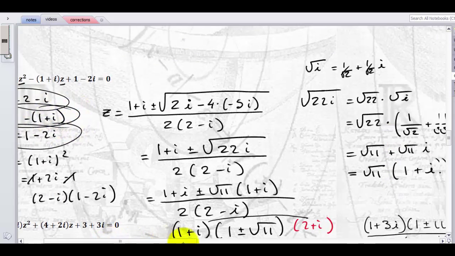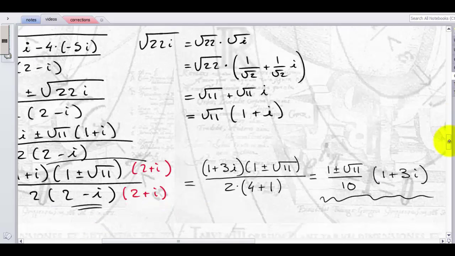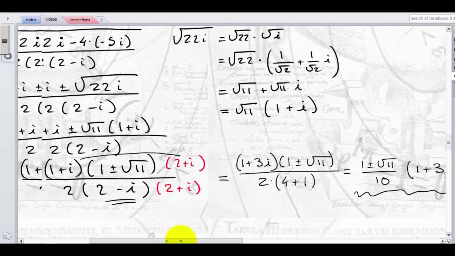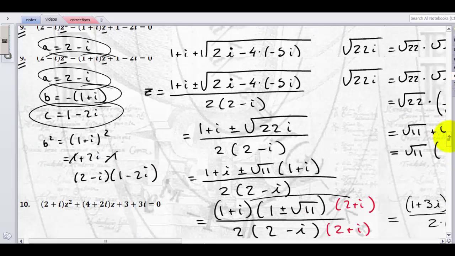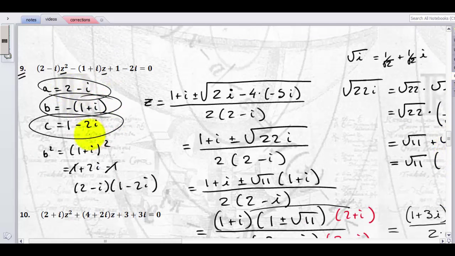So let's use a calculator to speed up this checking. Here's what I'm going to do. I'm going to store these three coefficients into my calculator. So let me take my calculator.